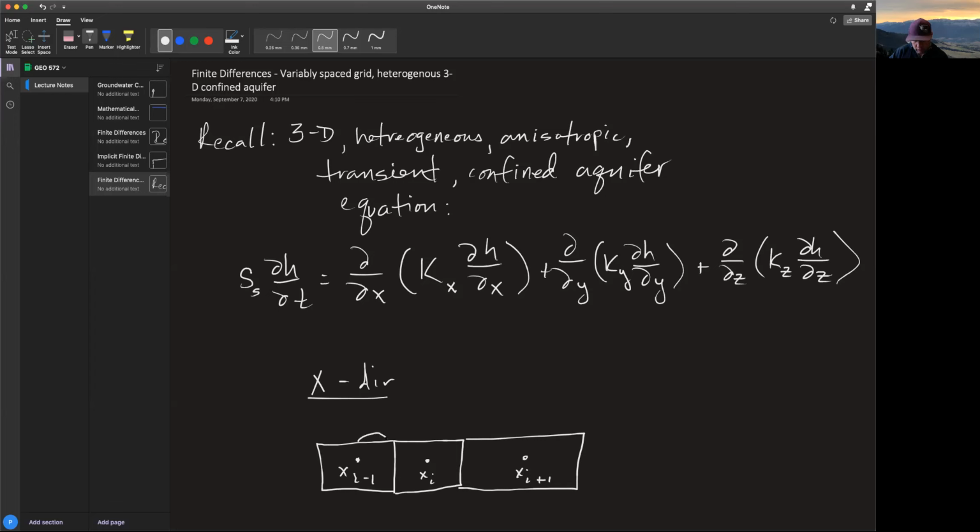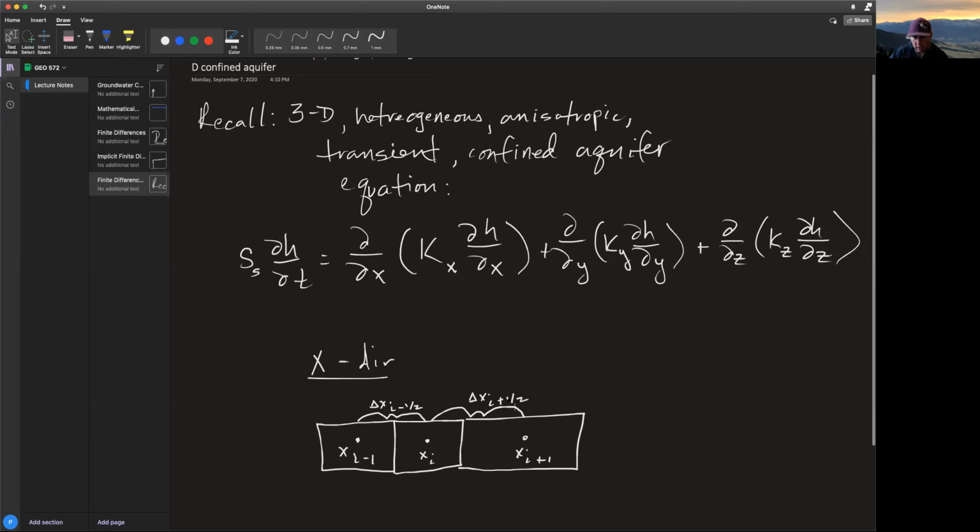So we're going to call this spacing delta x i minus 1/2, because this is the spacing between these two. This distance here between these two would be delta x i plus 1/2.